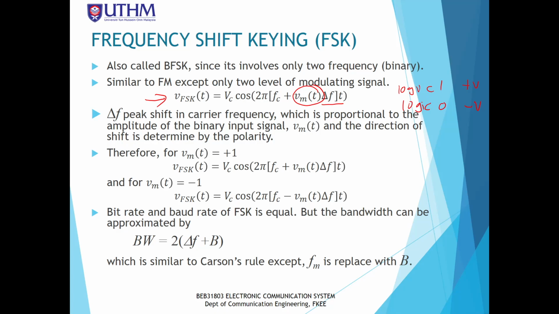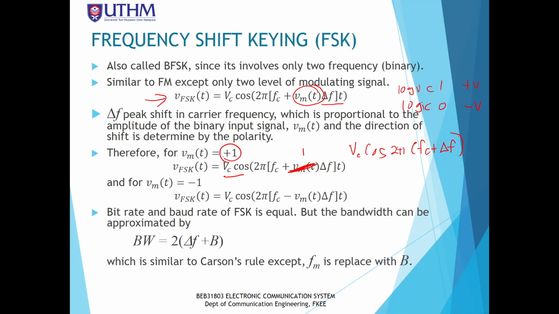So back to the equation, let's say we have a logic 1, so vm(t) is represented by positive 1 volt. So this is actually positive 1, and this is supposed to be cancelled out, so you don't need to put vm(t) here. It is actually VC cos 2 pi, in bracket fc plus delta f.